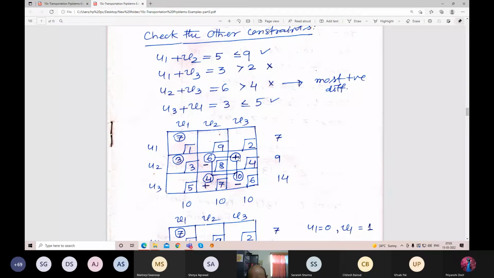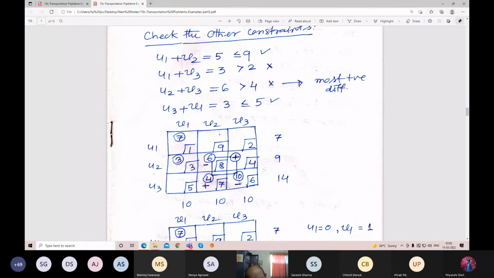Then we mark plus, minus alternately. The plus will be added, and where there is a minus, it should be subtracted. So we will observe how many negative elements are there. There are 2, minus 6 and minus 10.